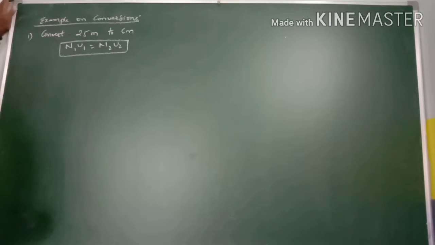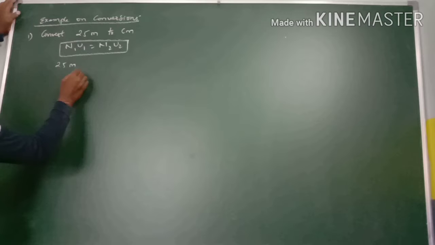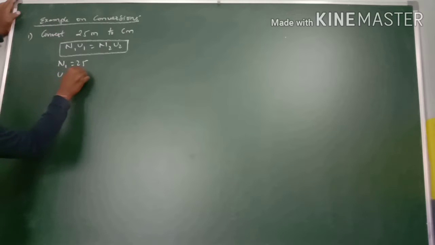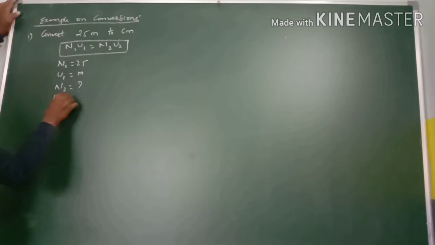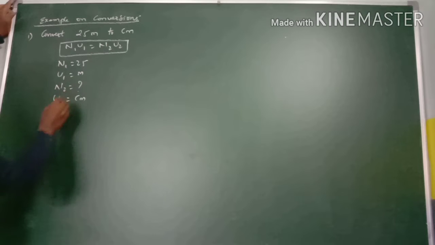Here n1 is 25, u1 is meters, n2 we have to find out, and u2 is centimeters.